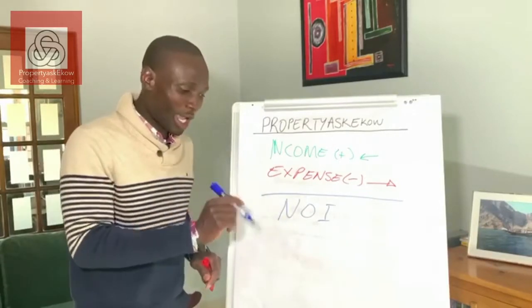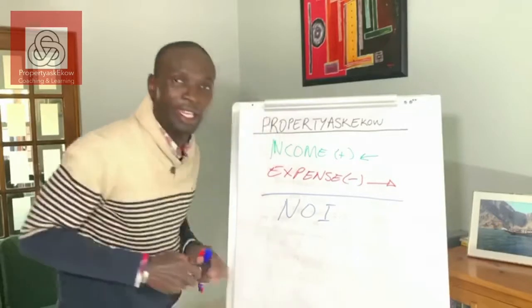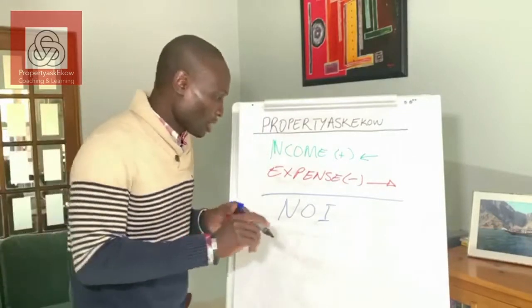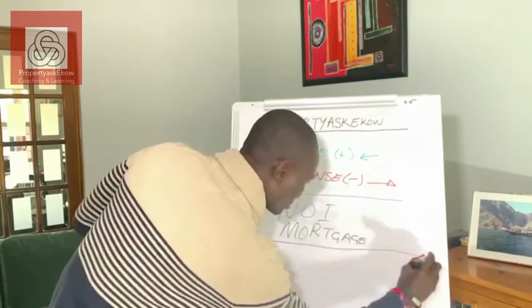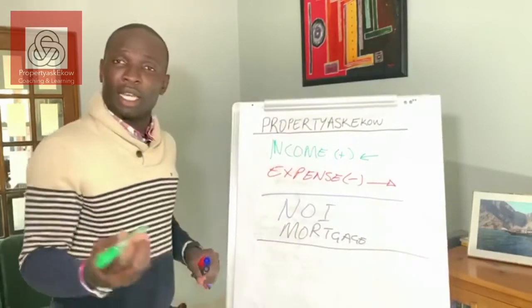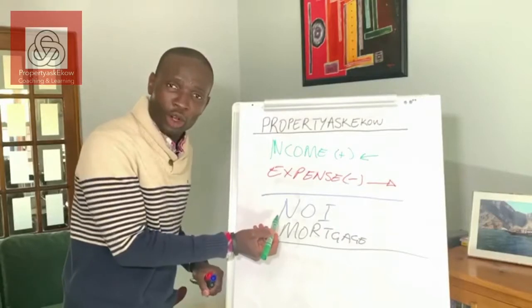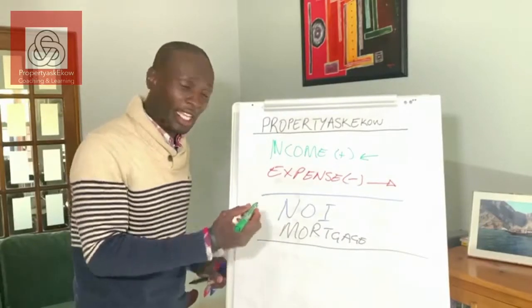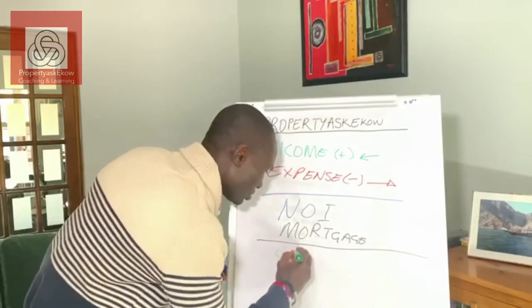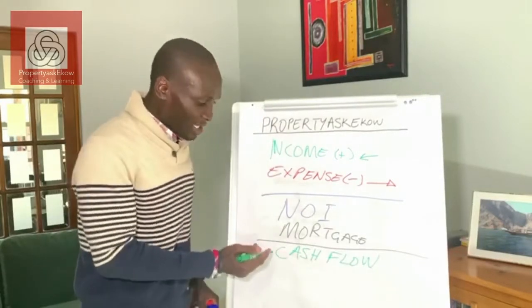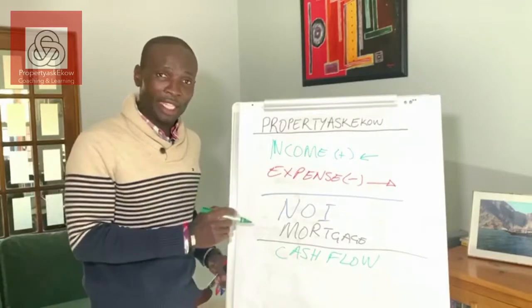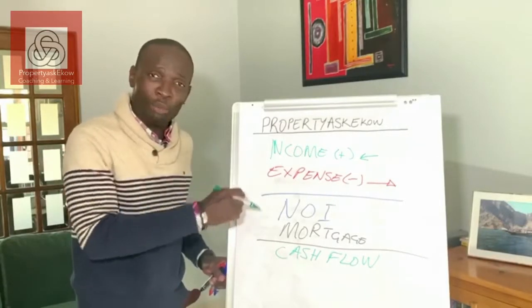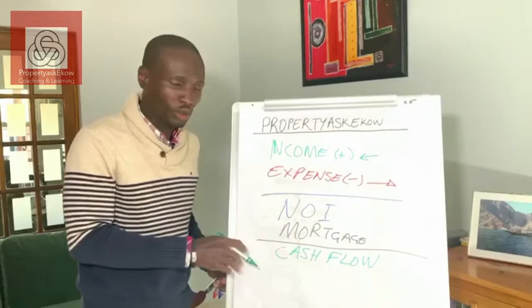And once you've gotten your NOI, we plug in your debt. In our case, it's the mortgage. So the difference between your NOI and the mortgage gives you the cash flow, right? The cash flow can be positive or negative depending on what your other components are saying to you.